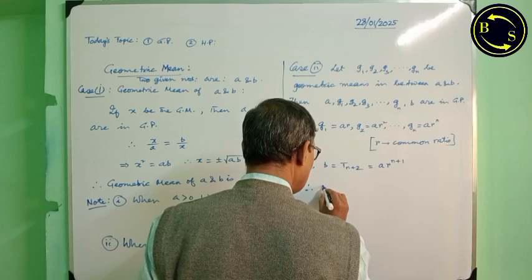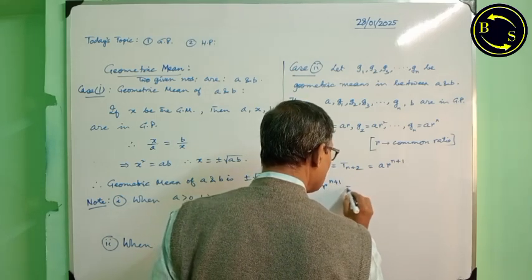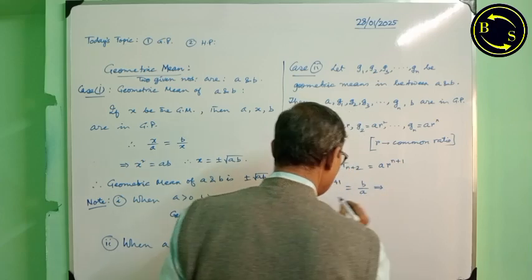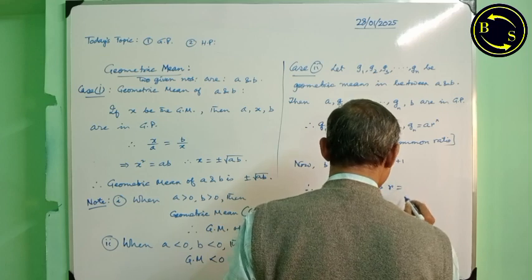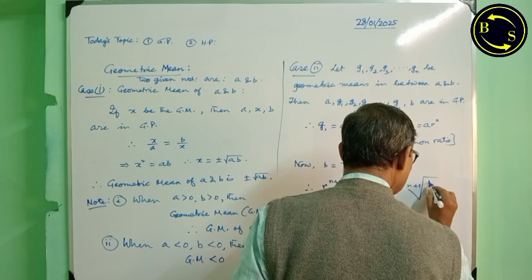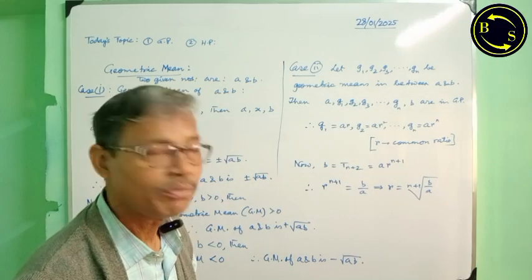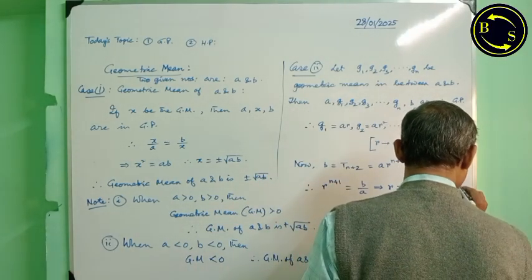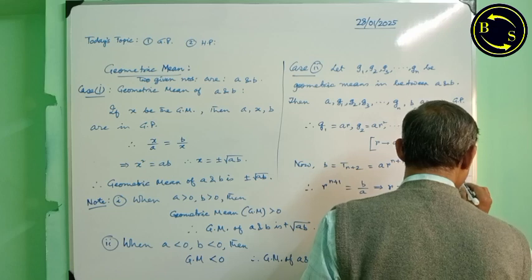Therefore, R to the power n plus 1 is equal to B by A. From that, we can find the value of R. R is equal to n plus 1th root of B by A, which can also be expressed as B by A whole to the power 1 by n plus 1.